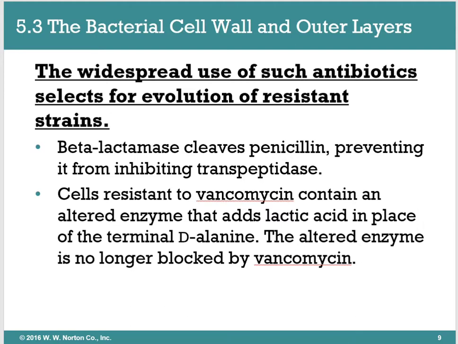With penicillin no longer being penicillin because it got broken up, it prevents penicillin from doing its job. And then cells that are specifically resistant to vancomycin have alternate enzymes that actually add something to it. And with it being altered, the bacteria is no longer affected by the presence of vancomycin.